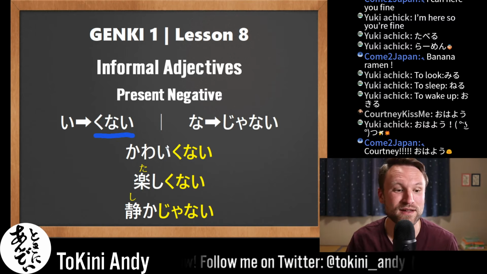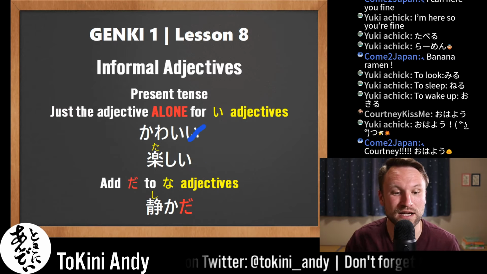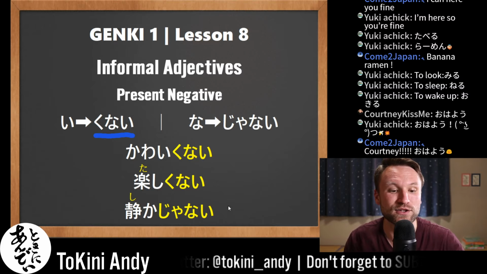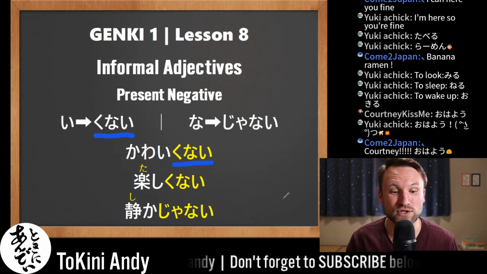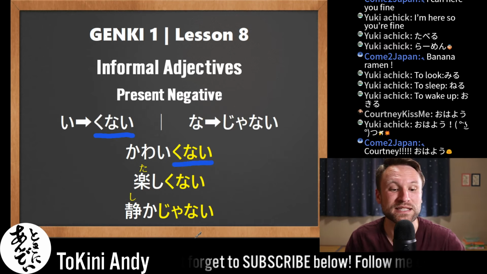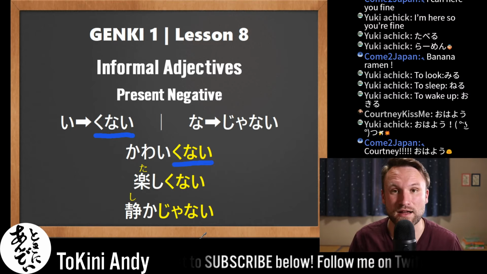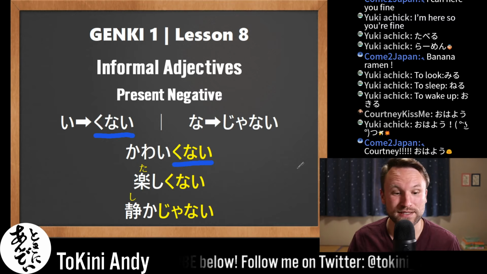Either way is fine. All you have to really know is that the last i, if we go back and look at kawaii, you just cut the last i and add kunai. So kawaikunai means not cute, or tanoshii was to have fun, right? If we go back here, you cut the i, it becomes tanoshikunai. It's not fun, tanoshikunai. Now for na adjectives, you do not say kunai.